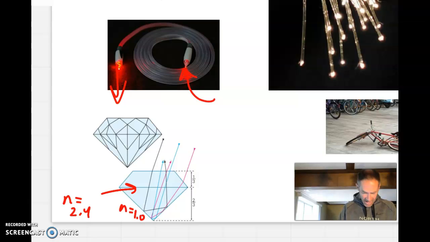And so whenever that light comes down through the top and it hits the bottom, the way the bottom is cut, it's not going to be able to get out of there. It's going to bounce around inside of there for a while until finally it can reflect back up through the top. And that's what gives the diamonds their sparkly appearance.